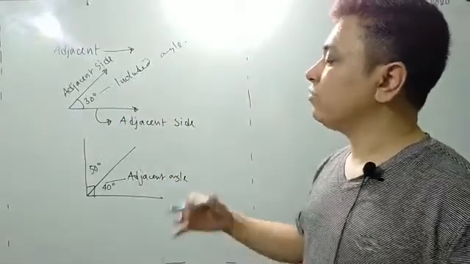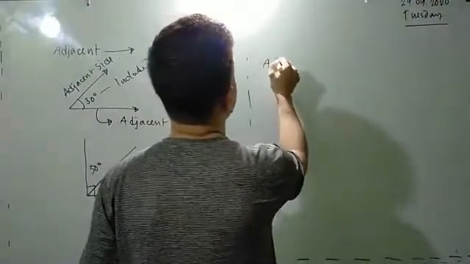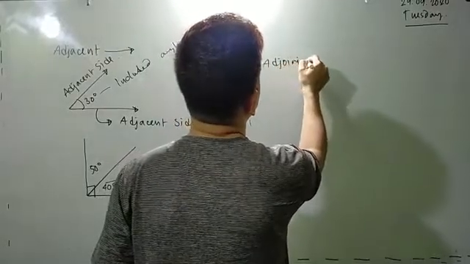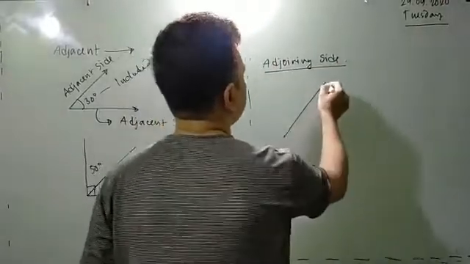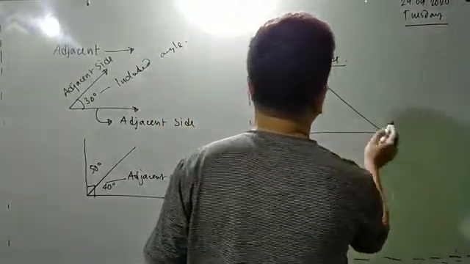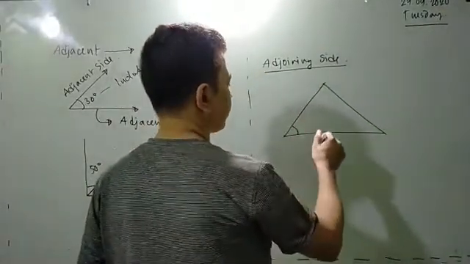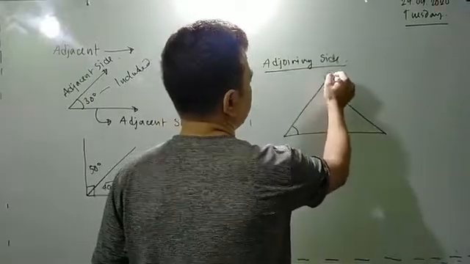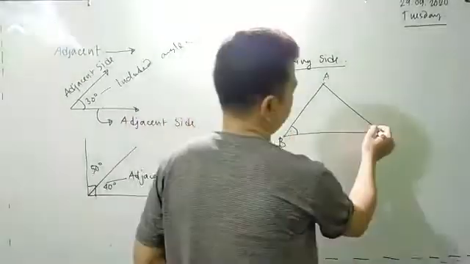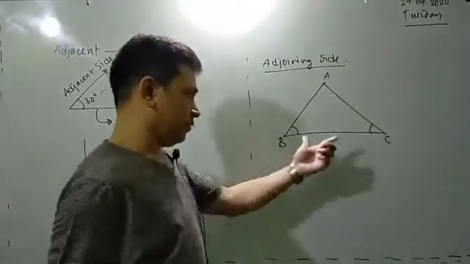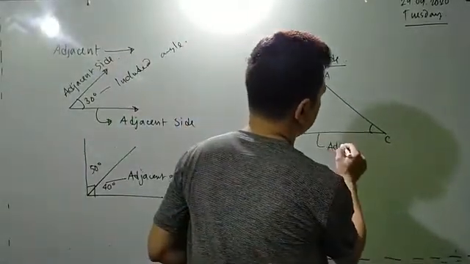Now let's look at the adjoining side. What is an adjoining side? Look at that here. In a triangle ABC, for example, this angle and this angle, the side in between the two angles is called the adjoining side.